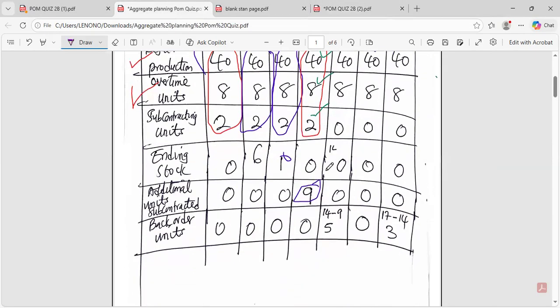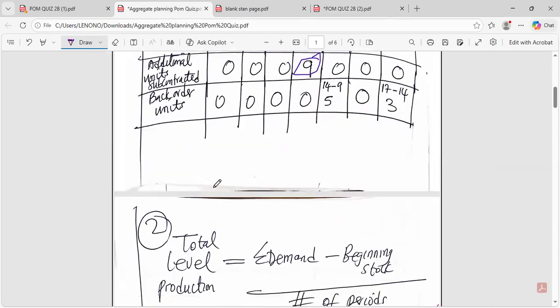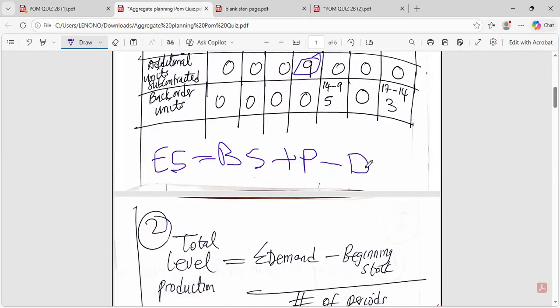So from here, we are getting down to our ending stock. Our ending stock is equal to beginning stock plus production minus demand.